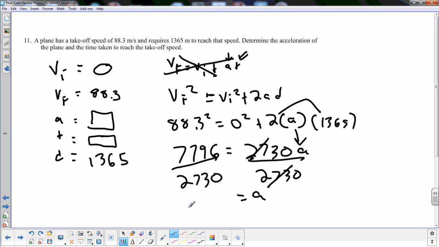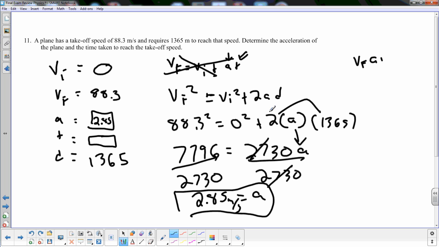And our time, we can go back to the old VF equals VI plus AT. Sorry, my voice says one thing, the pen does something else. So VF, 88.3, equals 0 plus 2.85 T. Solve for T. So divide both sides by 2.85.